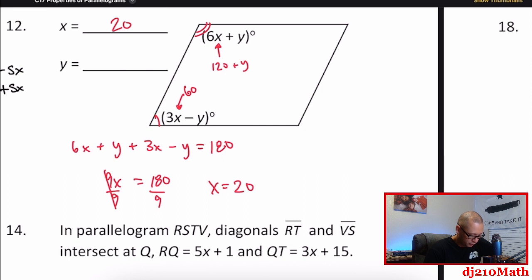I don't know what the key says, but logically, y would have to be smaller than 60. Y can't be bigger than 60 because then you'd have a negative angle. I wonder what the key says.